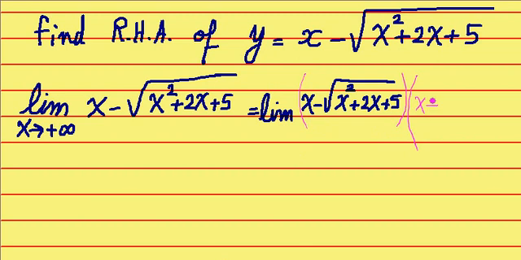Instead of subtraction, use addition. So I multiply with the sum of these two, and then I have to divide by the sum of these two. So what did I do? I didn't change anything. I just multiplied by 1 really. Limit is still being taken at the same point.